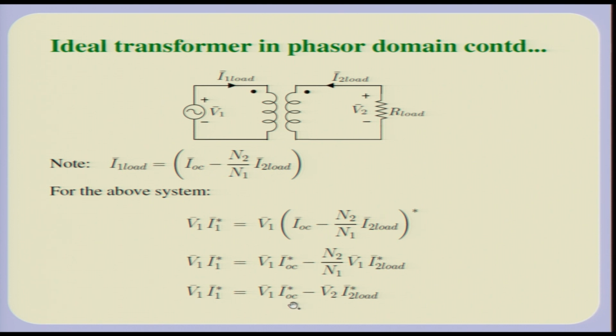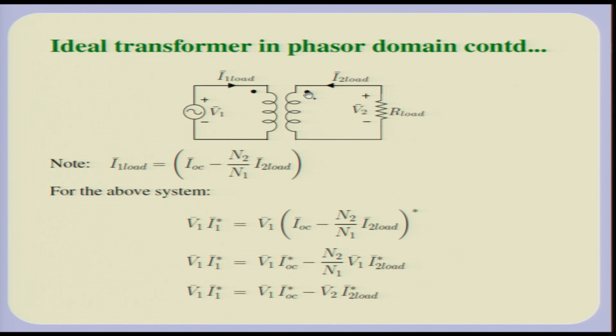IOC is the current which would really flow in case you kept the transformer under open circuit conditions, minus V2 into I2 load star. If you look at the direction of the current, remember we have been taking the current into the dot as positive in our equation so far.